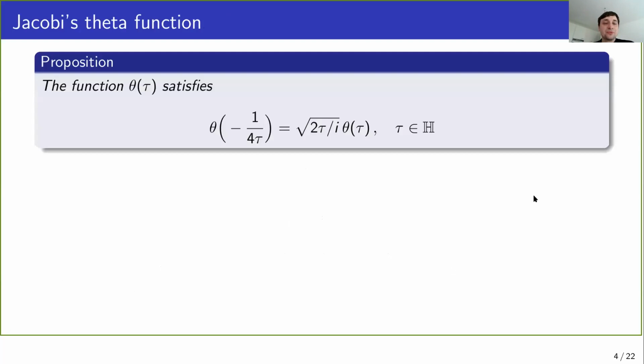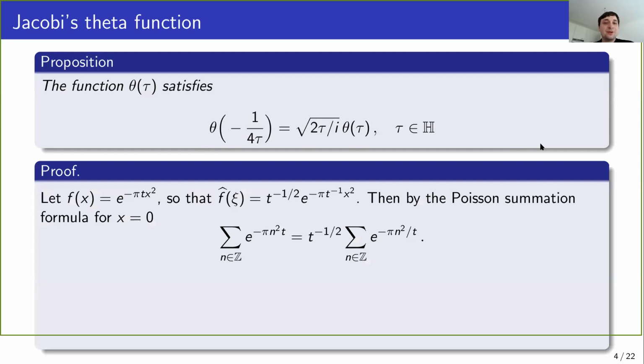So now we can prove the claim that I made before. We want to prove this identity, and what we do is simply apply the Poisson summation formula to the Gaussian. So we take f of x to be the function e to the minus pi t x squared. If t equals 1, then one knows that this would be an eigenfunction with eigenvalue 1.